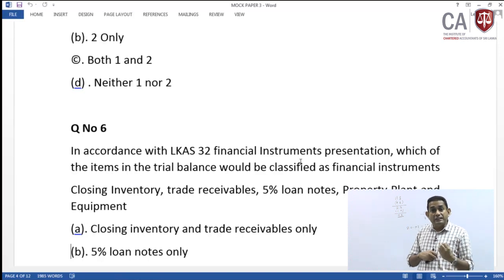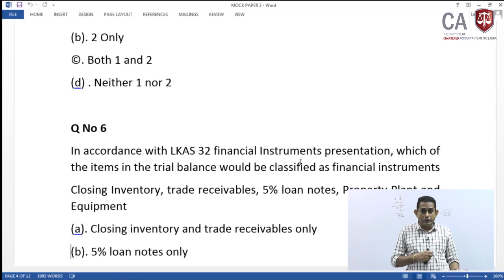Trade receivable, yes, because we have the contractual right to receive cash. 5% loan notes: if you issued loan notes at 5% interest rate, that becomes a liability, a financial liability. Why?